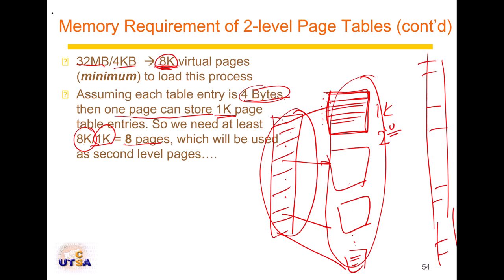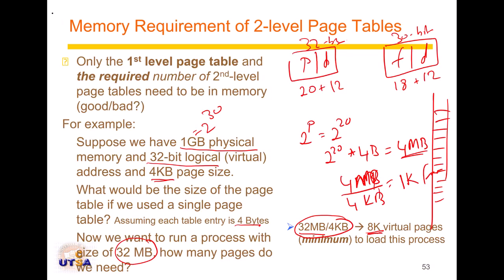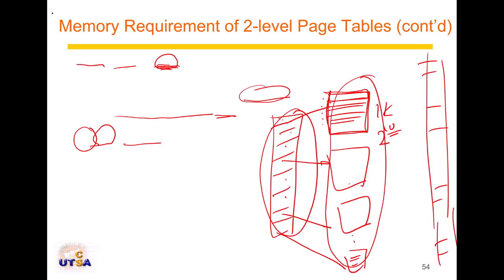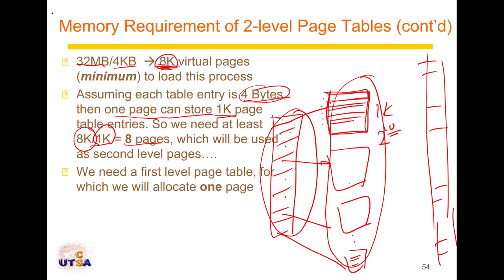Why? Because remember, in this example we had 20 bits in our logical address space, and we used 10 of them for the d bits, and then the remaining 10 bits will be for the P1. So this one is to the power 10.